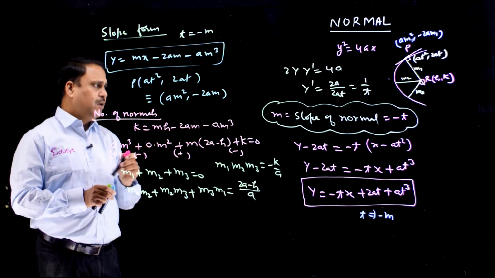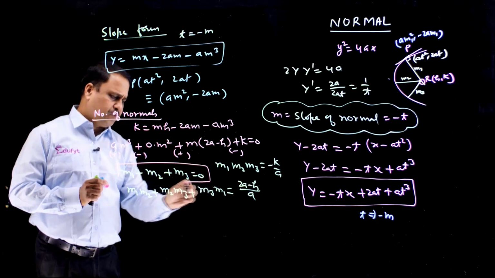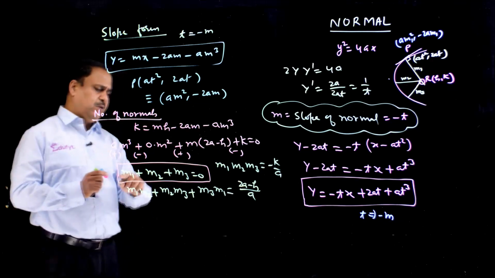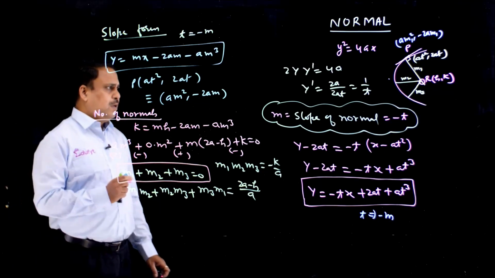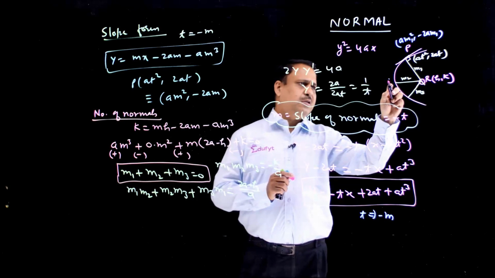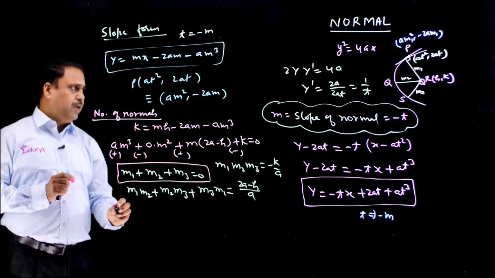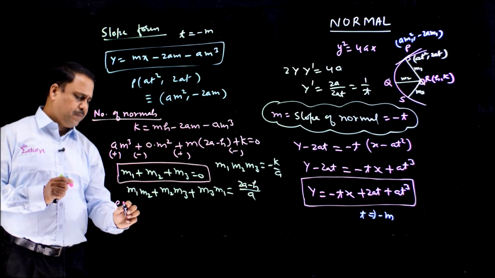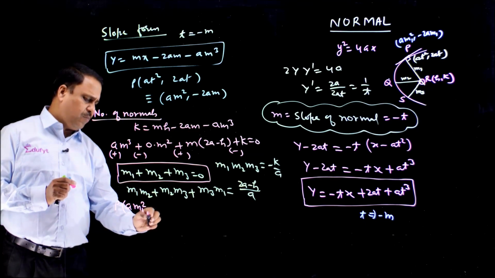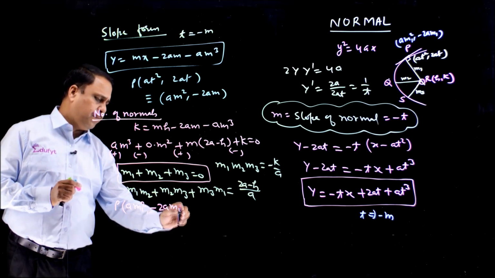This gives that from a point, if I can draw 3 normals, the sum of the slopes of the 3 normals drawn from a point will always be 0. So if I denote these points by R, suppose this is Q, this is S. So I can easily write P: a m1 square, comma, minus 2a m1.